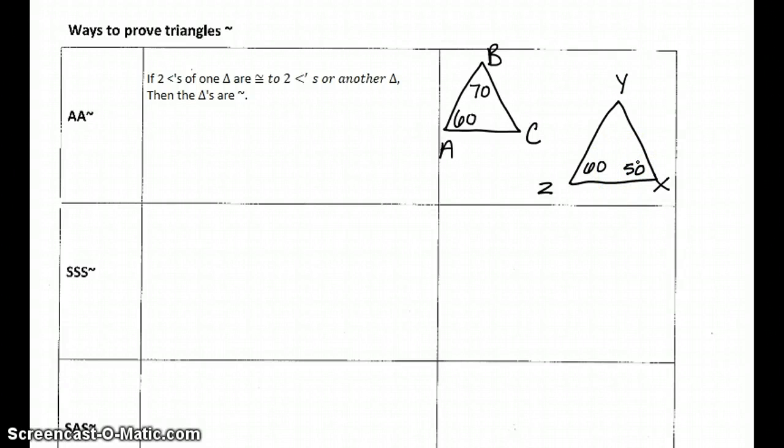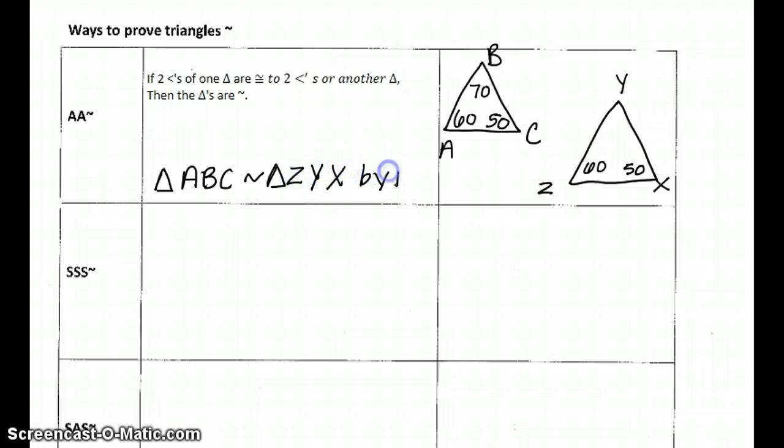Now at first look, these two angles are different, but 180 minus 60 minus 70, you know that angle is 50. Now I have two angles to match. So I can say that triangle ABC is similar, make sure you're using the correct symbol, to triangle ZYX by AA similarity.